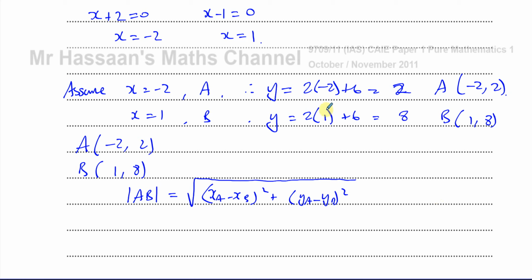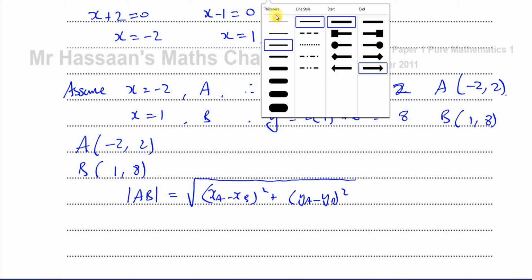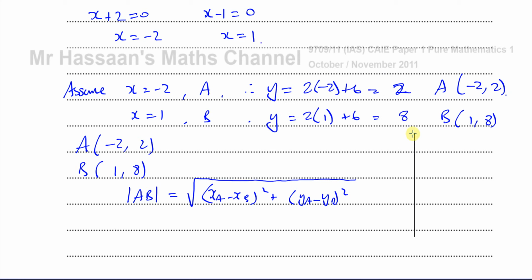If we make a quick sketch just to illustrate what's happening, this is basically stuff from IGCSE, but just to recap, if this were the pair of axes, and we had (−2, 2), and we have (1, 8) somewhere up there, and we want to find the length of that line.